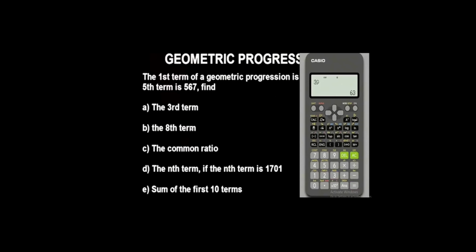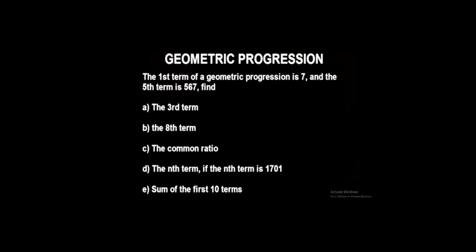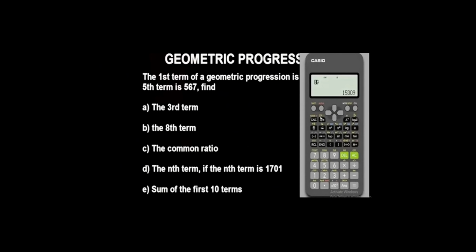All right, the second question, which is B, the eighth term: just remove 3 and put 8 respectively. Very interesting, guys. So this is the eighth term. Now let's see if we input 1 here for the first term, what we're going to get. We have 7.